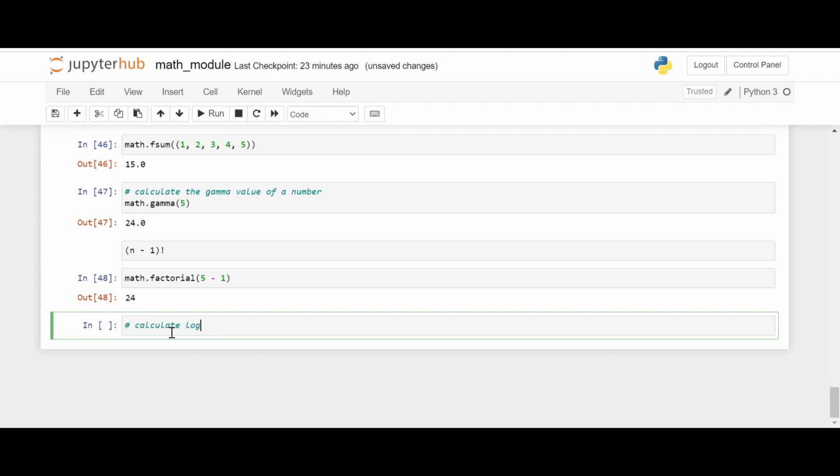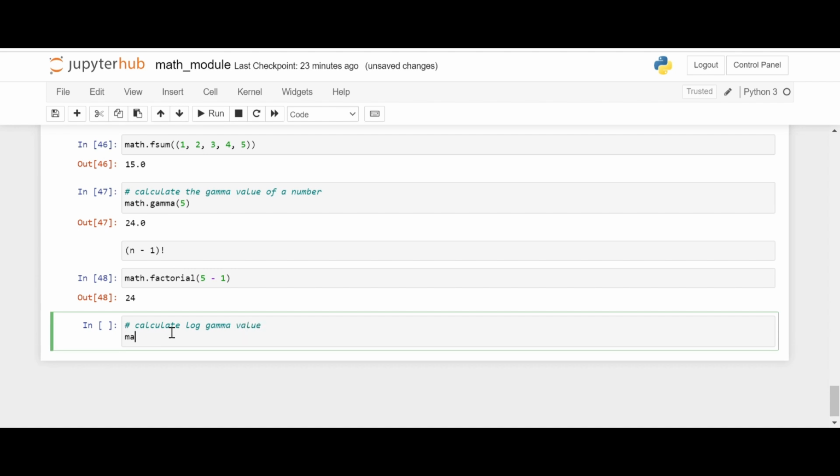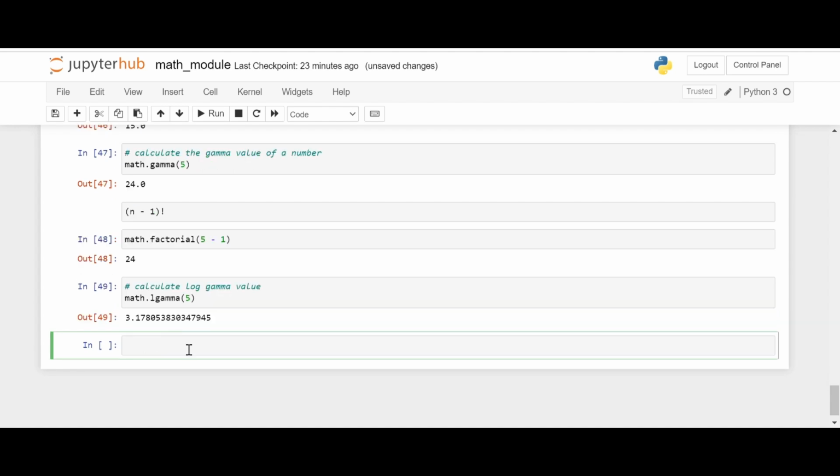Calculate log gamma value. Math.lgamma of 5. So basically this is calculating gamma, then taking log.